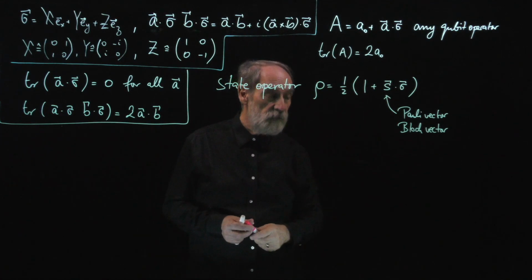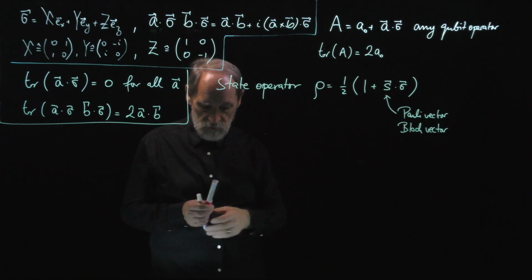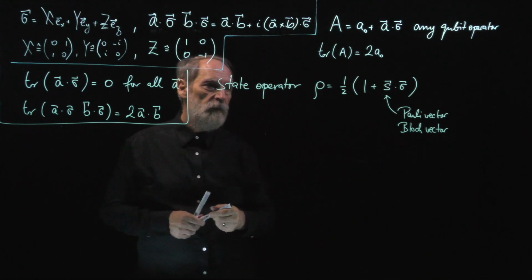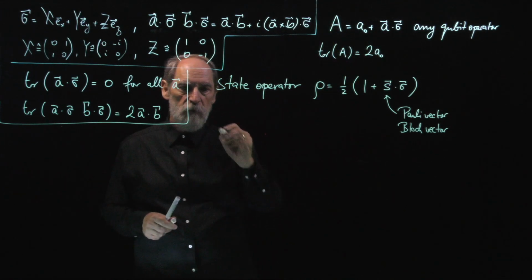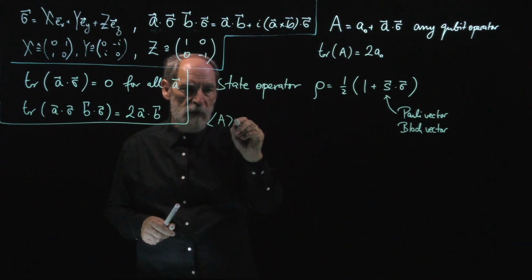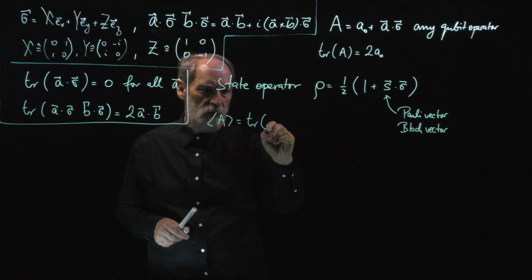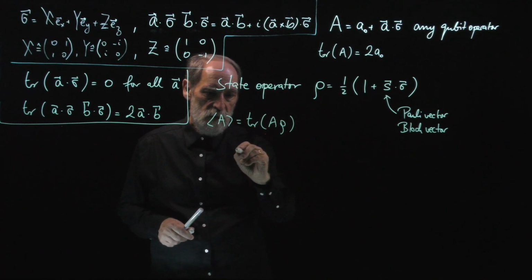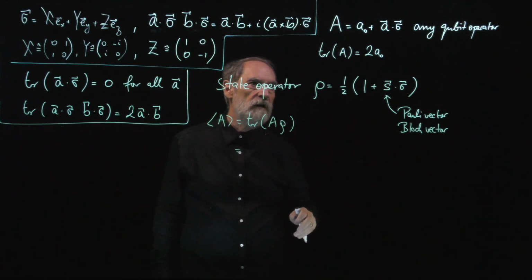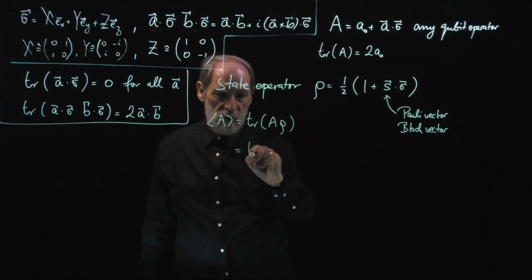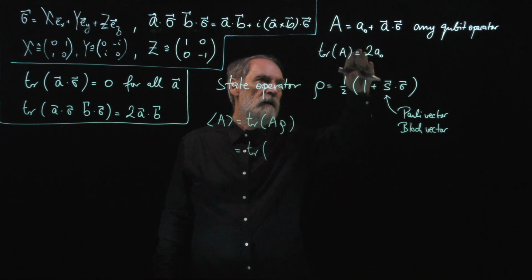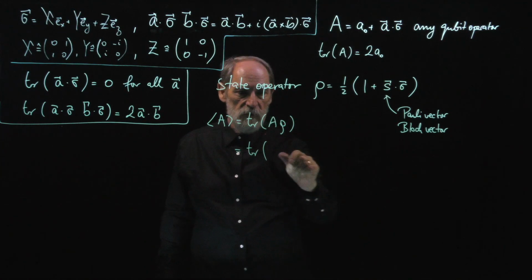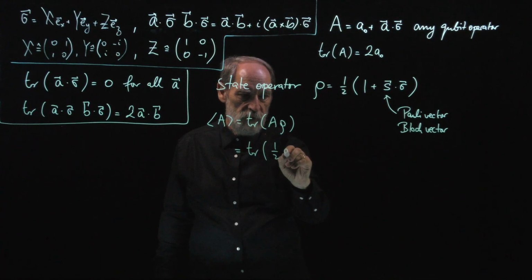So if rho is of this form, then what does the Born rule say about an expectation value of an operator A? Well, what is the expectation value of A? Well, that would be the trace of A times rho. Okay, so let's work this out. So that's the trace of, and now let's just multiply. That's A0 times half, so we have half A0.